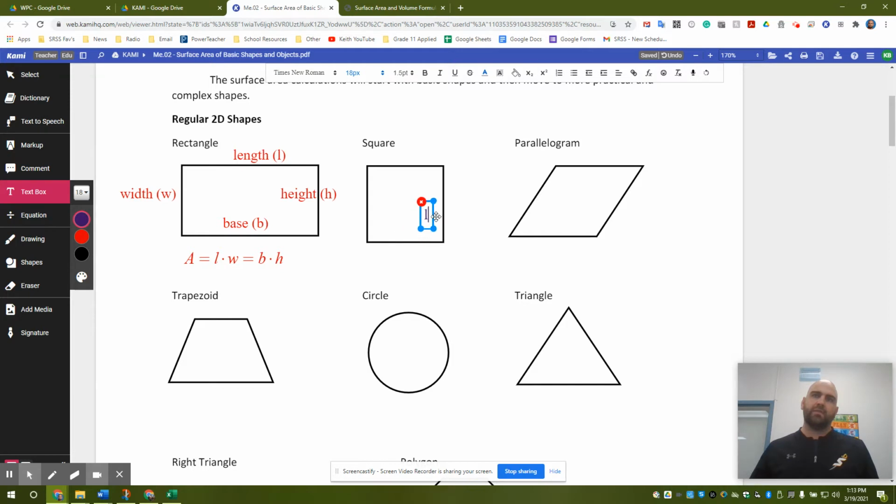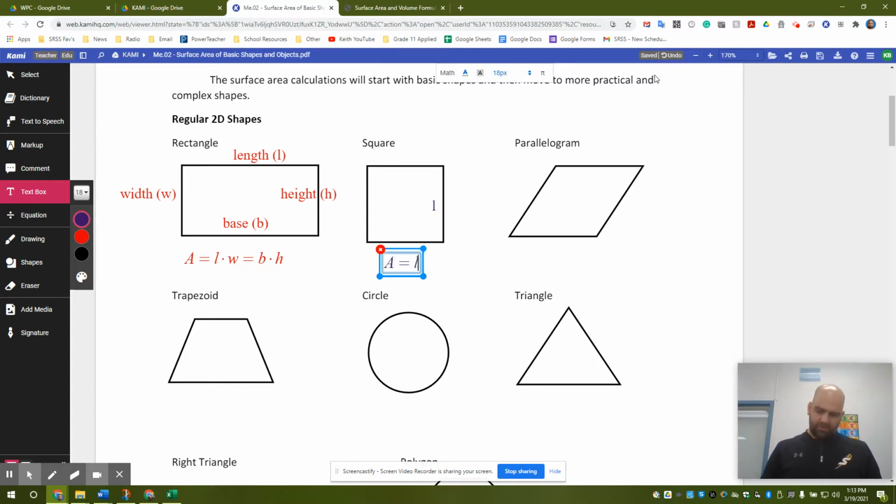Let's use L for length. So to find the area of a square, area is equal to length times length, because it's the same, or we can say length squared. Just take one number and square it.